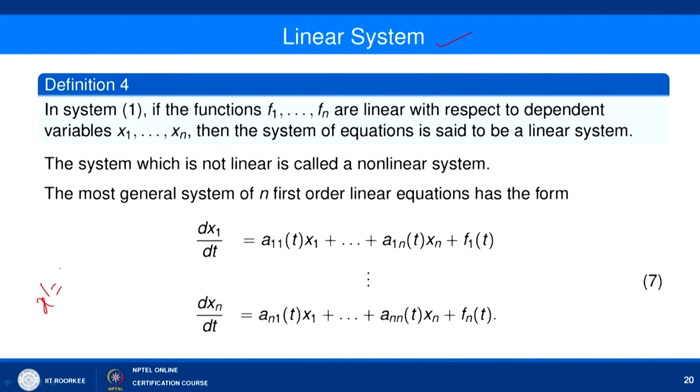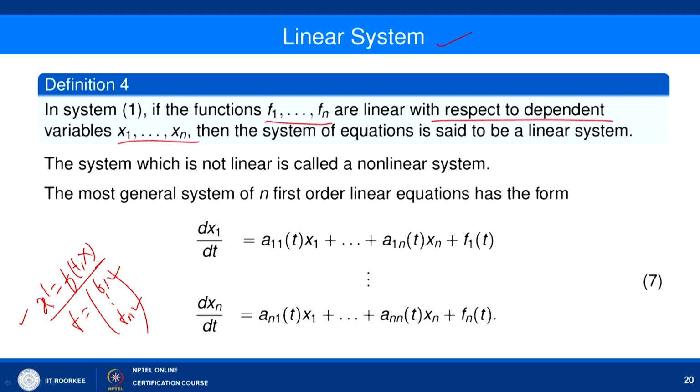In system 1, that is x dash equal to f t comma x, where f is given as f 1 to f n, if these functions f 1 to f n are linear with respect to the dependent variables x 1 to x n, then the system of equations is said to be a linear system. It means that if f is linear corresponding to x, then we say this system is a linear system.